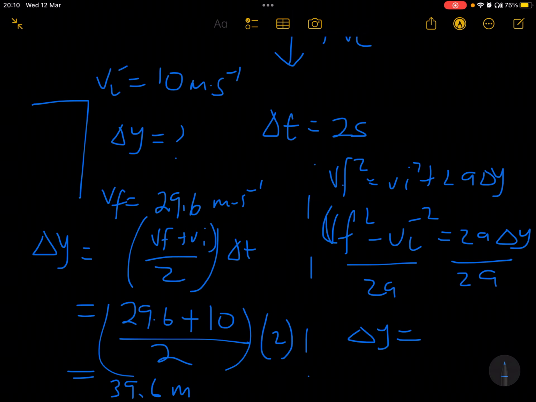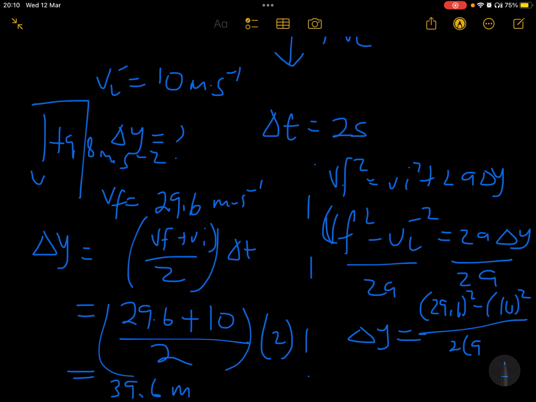I'm just doing it because I found it quicker. So this is 29.6 squared minus 10 squared, all over 2 times positive 9.8 meters per second squared, since downwards is positive. If you punch it in a calculator, that gives 39.6 meters. Right, that is 6.3. Then we have 6.4.